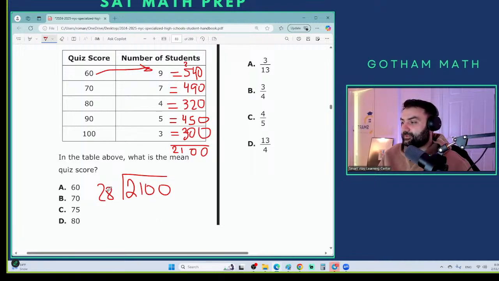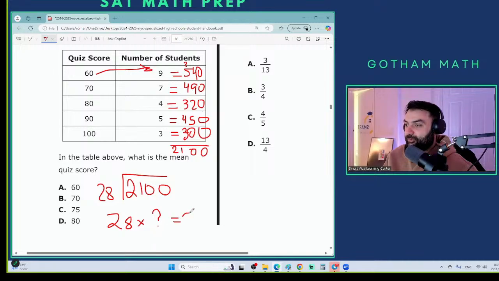I feel like it's going to be 75. You know how I could estimate the answer without actually doing the division? It has to be 28 times something equals 2100.